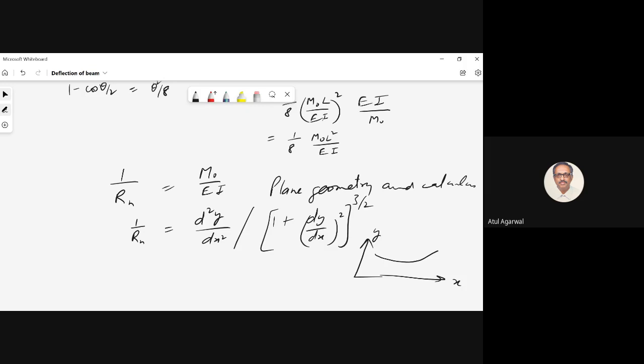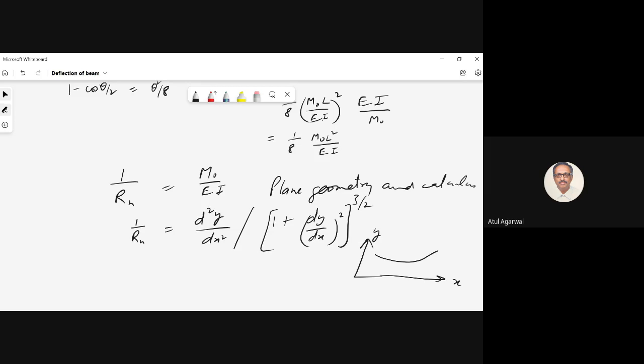So by calculus you can do it, and if you have any problem, I will do it for you. You have to look at your calculus books to derive this expression.